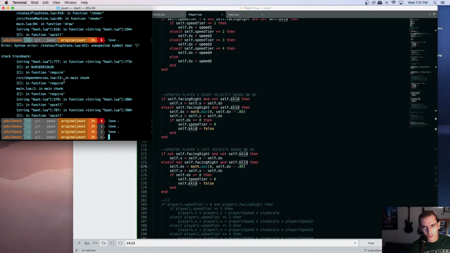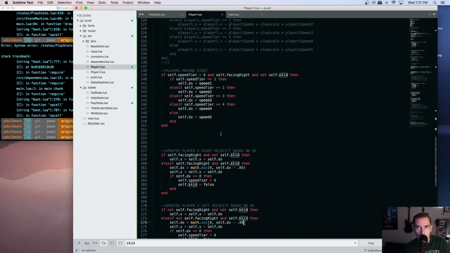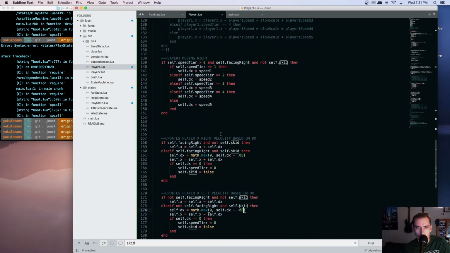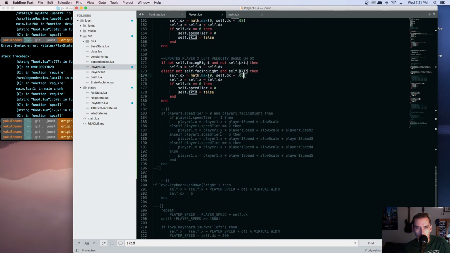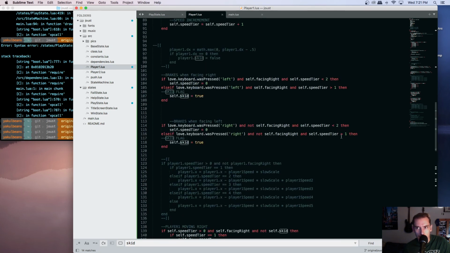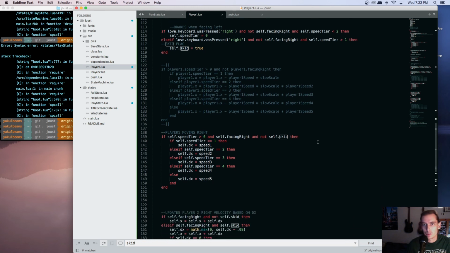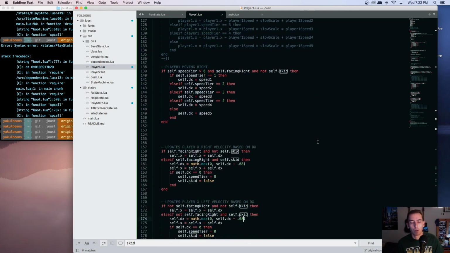It's looking like speed tier 2 doesn't skid at all. But if it's greater than 1... Okay, I mean it should be. It's just because the velocity is so slow, it doesn't show much skidding.